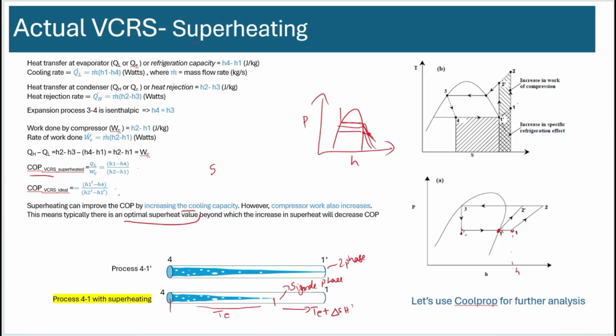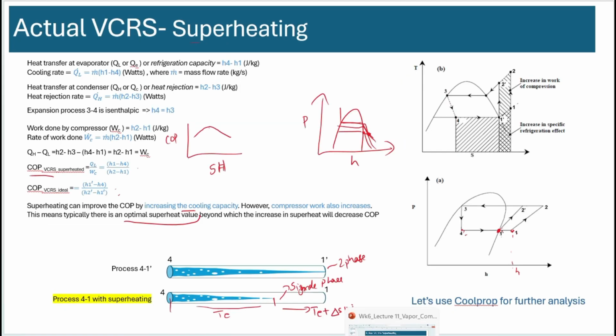So if you plot COP against superheat, it will keep on increasing, reach an optimal, and then start dropping. Okay, so zero superheat is not the optimal, and maximum superheat is also not the optimal, it's somewhere in the middle. All right. So let's analyze both this subcooling and superheat effect using CoolProp.